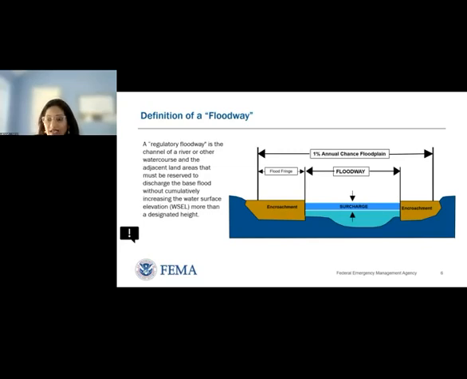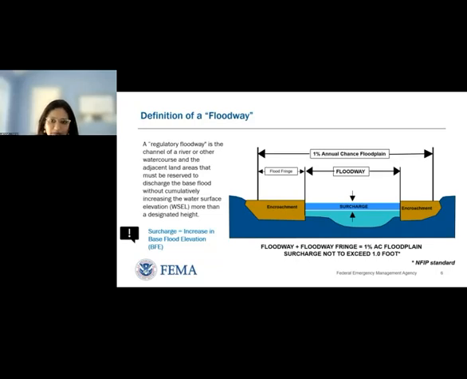A surcharge is an increase in water surface. That's how the surcharge is calculated, and the floodway is defined when the increase reaches the designated height. The flood fringe is the area where encroachment, development, and fill is allowed as per the NFIP. So keep in mind, surcharge means increase in the base flood elevation.